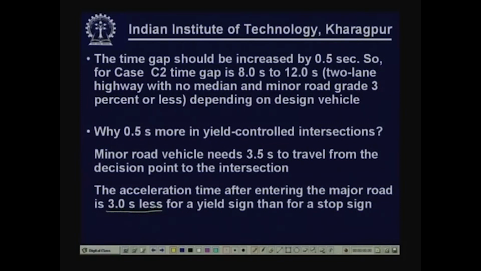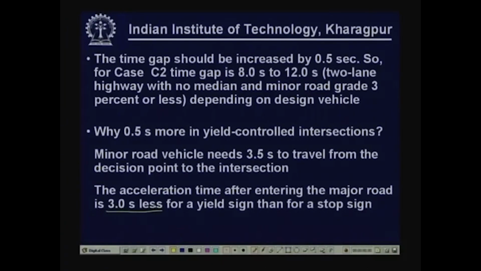Because for yield control intersections, it is assumed that drivers will reduce speed substantially, but they will not stop. At least for the design consideration, vehicles are assumed to travel at a slow speed, but not stop, whereas for a stop control approach, vehicles are required to stop.